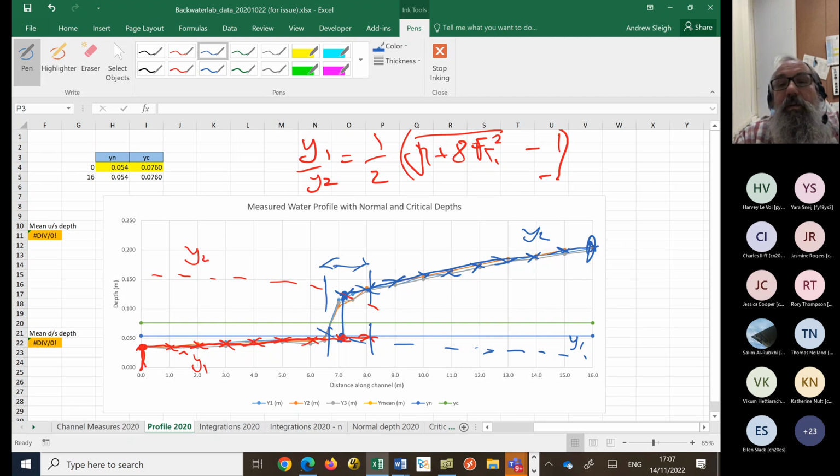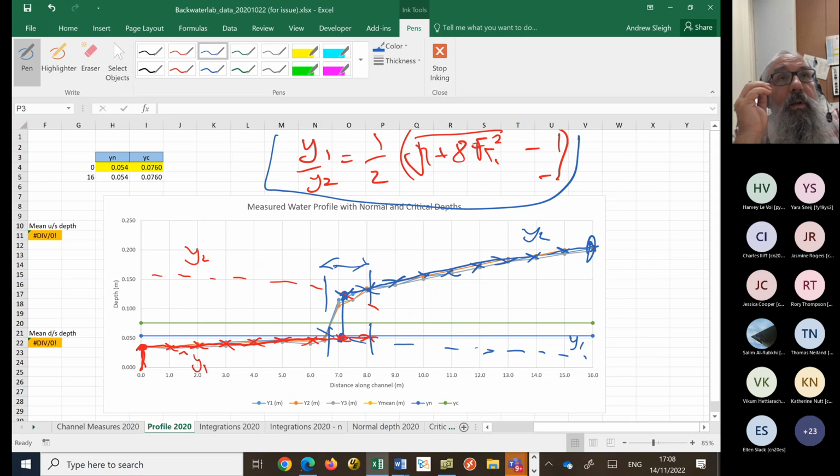You could say that you can have two different depths for specific energy, and those correspond to sub and supercritical flow, and that the hydraulic jump equation that I've got on the screen there can be derived from that for a rectangular channel.